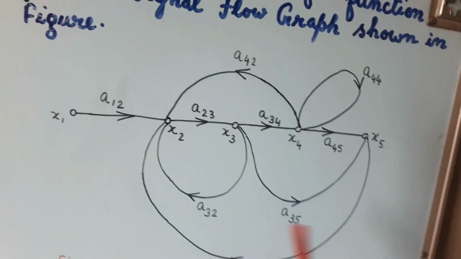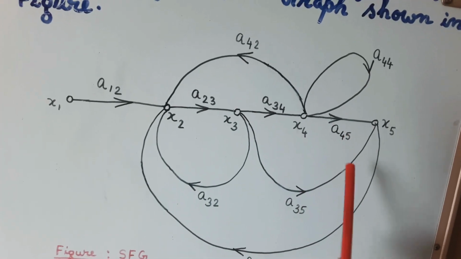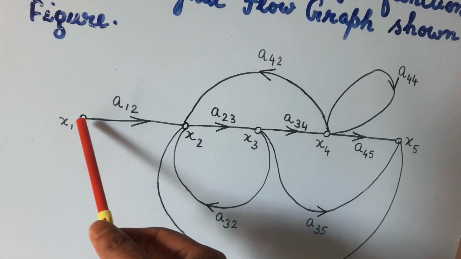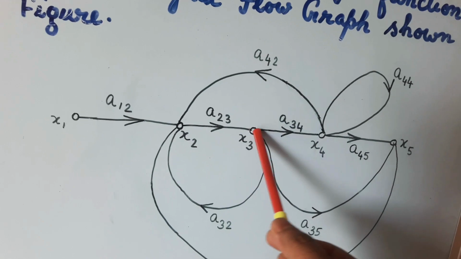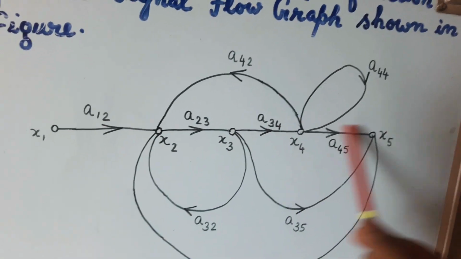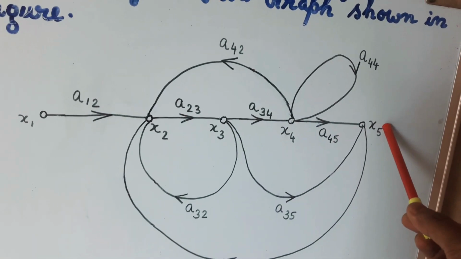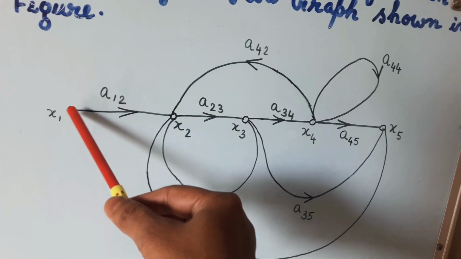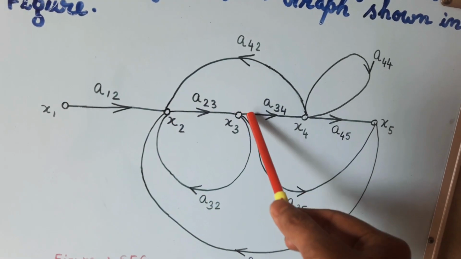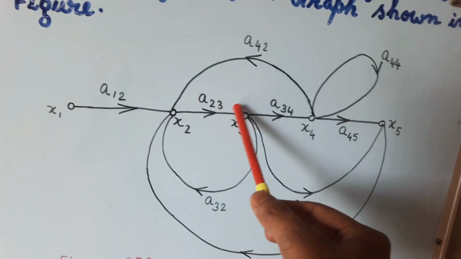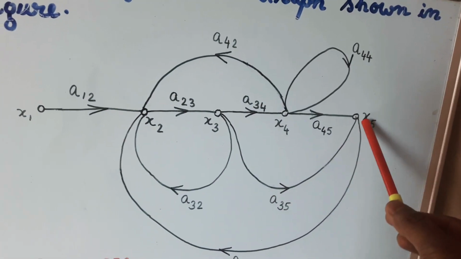If we see this signal flow graph, we find that there is one forward path from x1 to x2 to x3 to x4 to x5. So this is the first forward path, and there is another forward path which goes from x1 to x2 to x3 to x5.